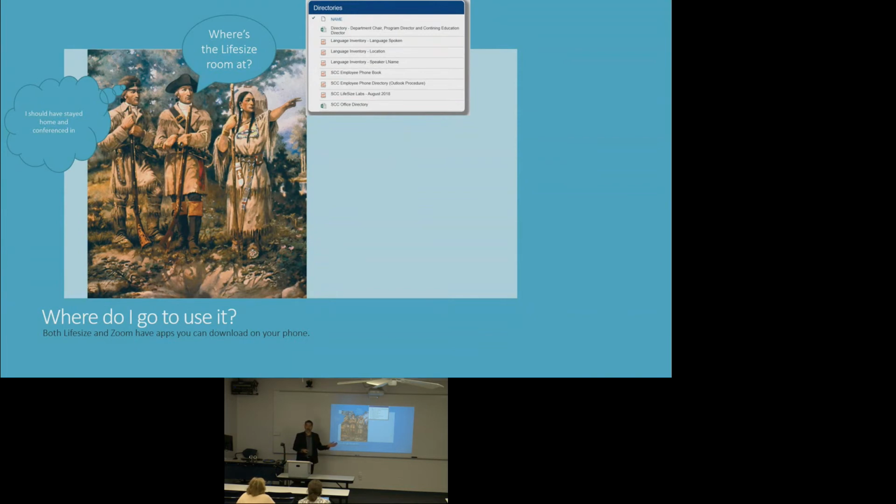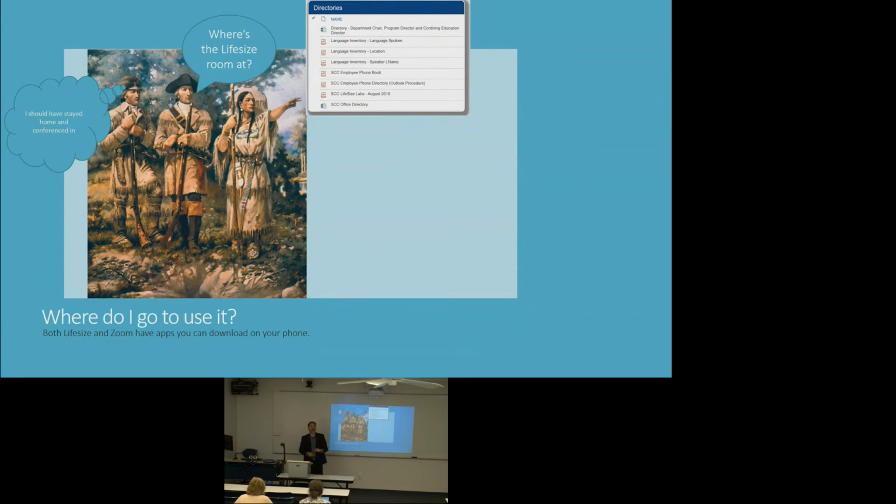As far as Zoom goes, since it's a web app, you can use that anywhere. You don't have to be in a specific location. It can be used from your office. It can be used in a Lifesize room if you wanted to. Wouldn't be the best scenario, but they have more flexibility as far as the location of where you can use them because it's an app.